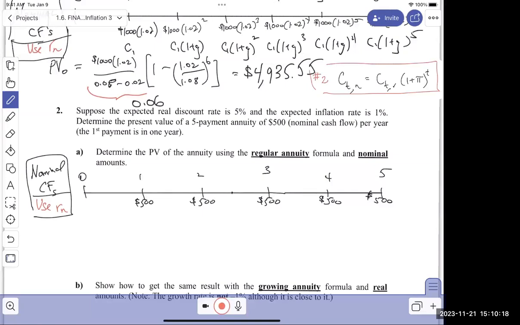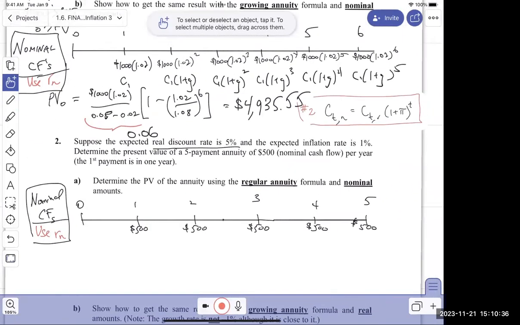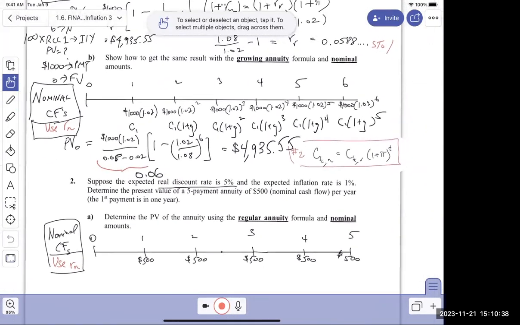Joshua, what's the nominal rate? Is it the 5%? No, because it says that's the real rate. So how do we find the nominal rate? So it's a discount rate minus the inflation.